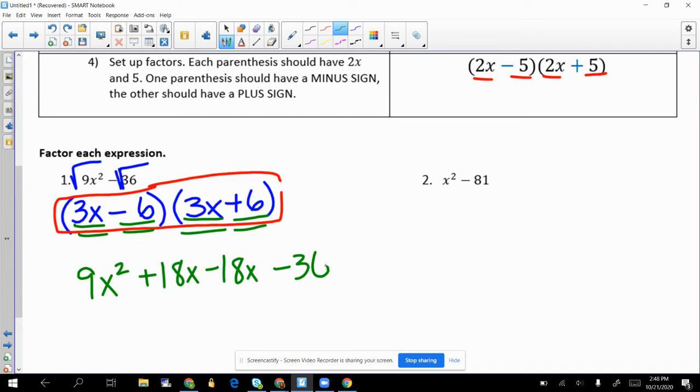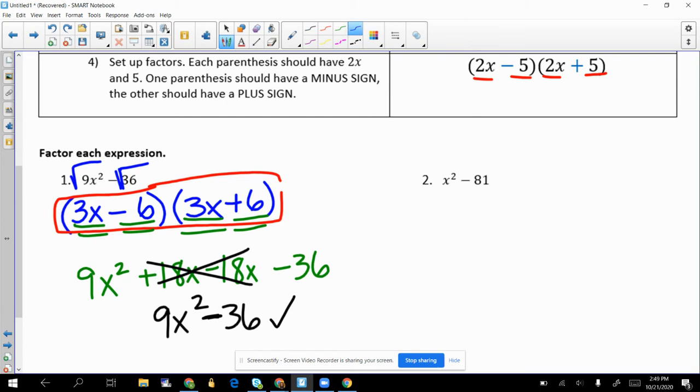So what happens here, as you can probably see, is that these in the middle cancel because a positive 18x and a negative 18x is going to cancel, and you're left with 9x squared minus 36. Okay, and so that is a way to check that you did it correctly. And also remember that it only works when we have a binomial with perfect squares and a minus.